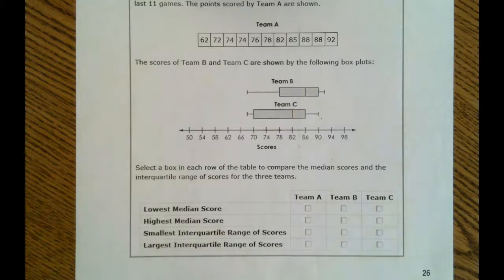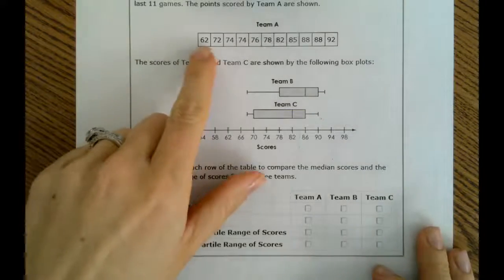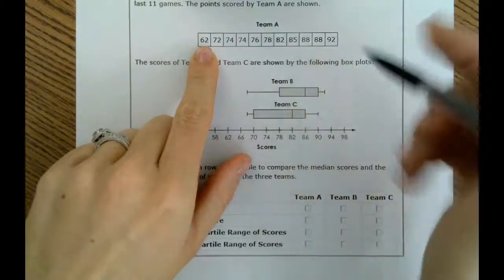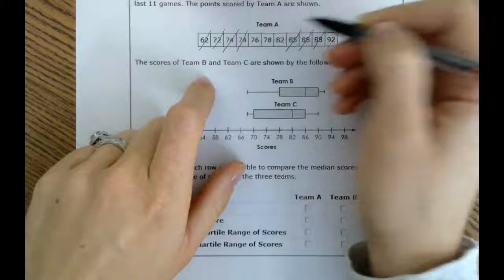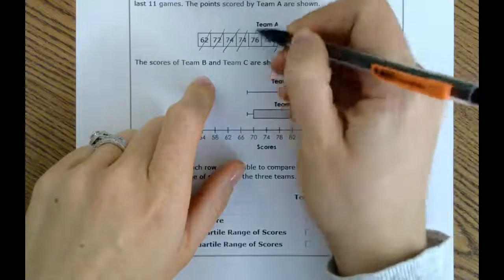So before we do that, we need to go ahead and calculate and make sure we know the medians and the IQRs. So let's go ahead and look at the median for Team A. To find the median, we're going to find Q2, which is that middle number. Okay, so our median here is 78.